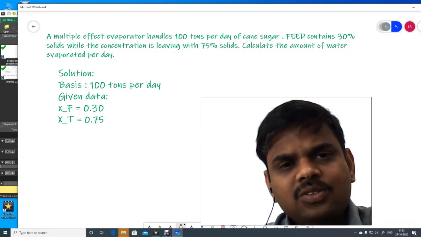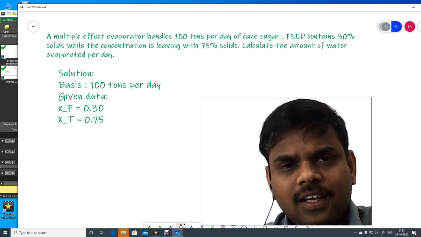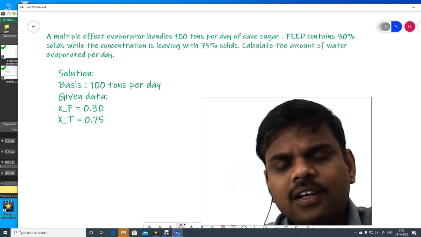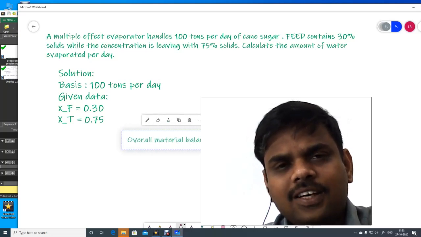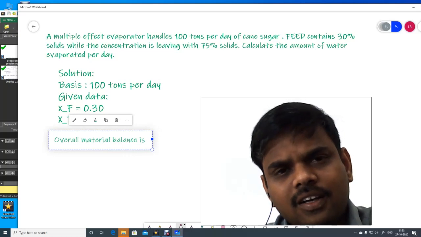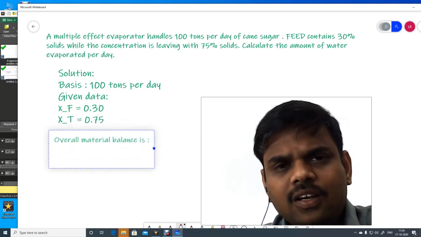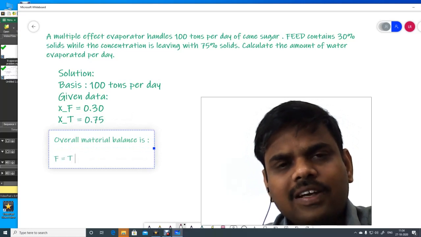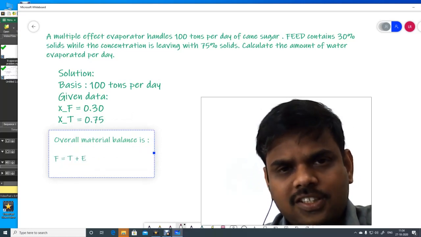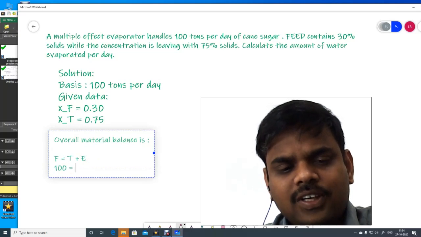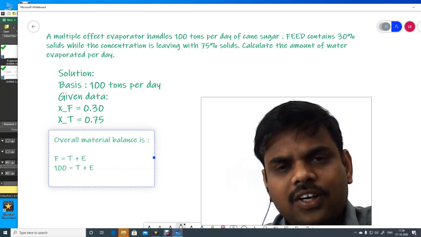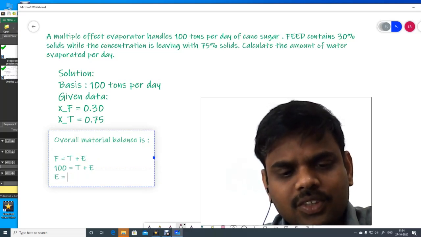We have 3 values, and only one unknown, capital T, that is the thick liquor flow rate. Substituting F equal to 100, XF equal to 0.3, XT equal to 0.75 and simplifying, we get T equal to 40 tons. Use your calculator and you will get 40 tons as the answer.